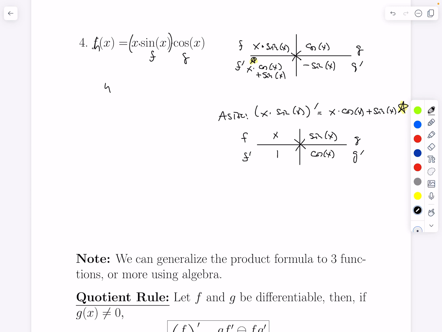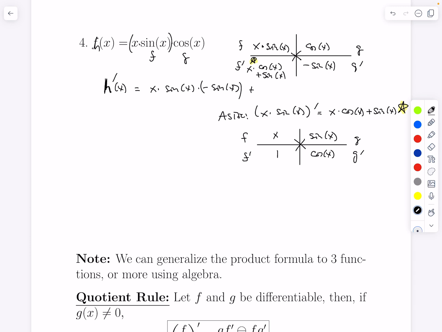And I write h prime because I said this function is h. What is it? And now we blindly follow the steps. There's x times sine x minus sine x. Better put a parenthesis.